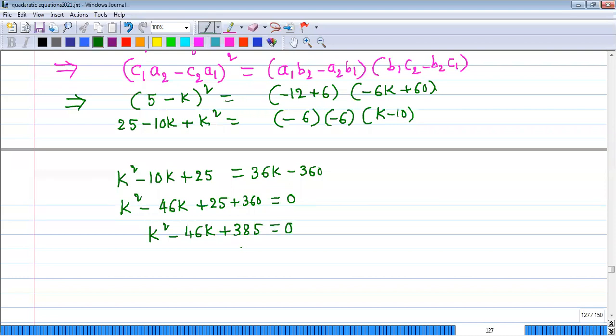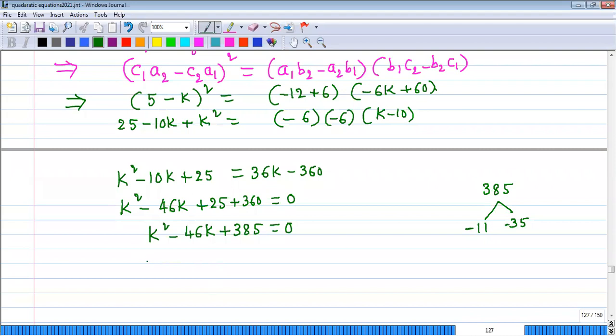Now it is a quadratic equation in k. We need to solve it. Let us try factors of 385. For example, if you divide by 11, what do you get? 11 threes are 33, 11 fives are 55. See, 35 plus 11 is 46. So this is minus 11 minus 35.